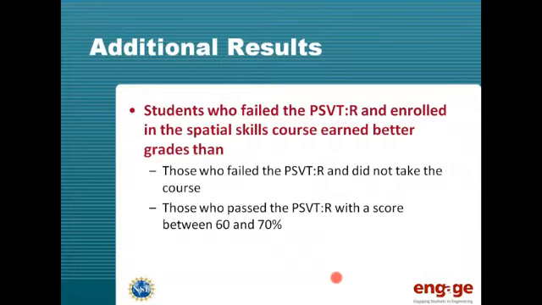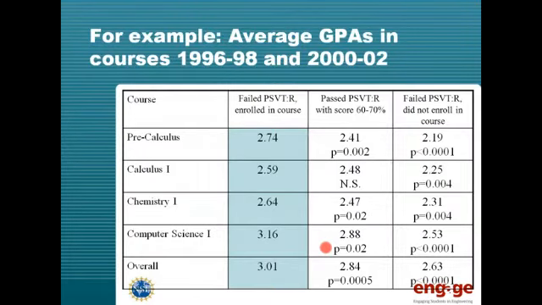We also looked at the students who failed the Purdue test and enrolled in the course and compared them to the students who failed the Purdue test and did not enroll in the course, but also those who passed the Purdue test with a score between 60 to 70%. So they kind of got it. They were a D student in spatial skills, but they did pass with our cutoff.